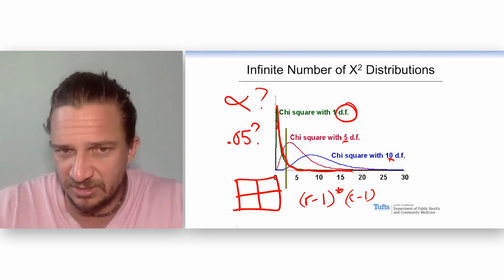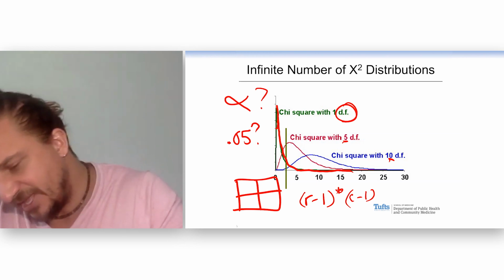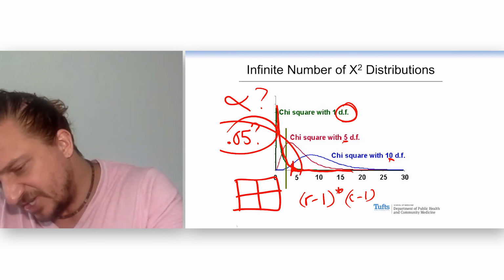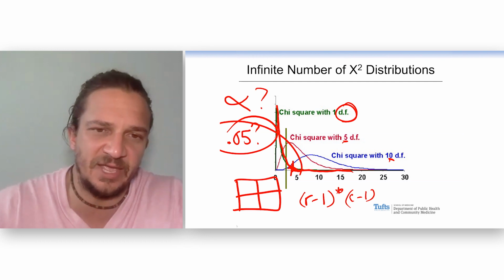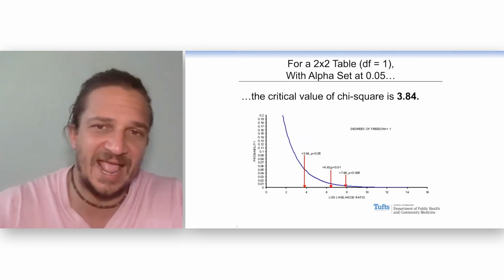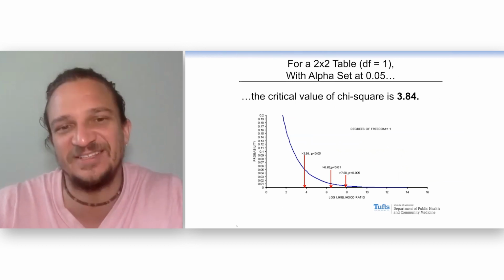What value corresponds to the area underneath that curve that would be 5%? What chi-square statistic are we looking for that's going to be about 5%? And the number for that is 3.84. I didn't memorize that, but I've done this enough that I know.